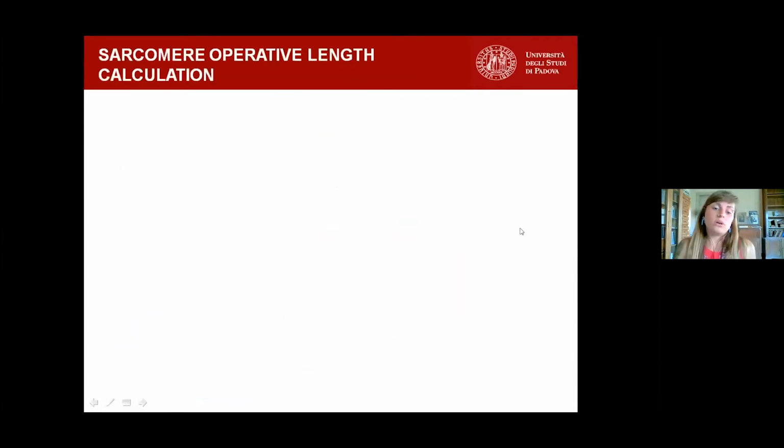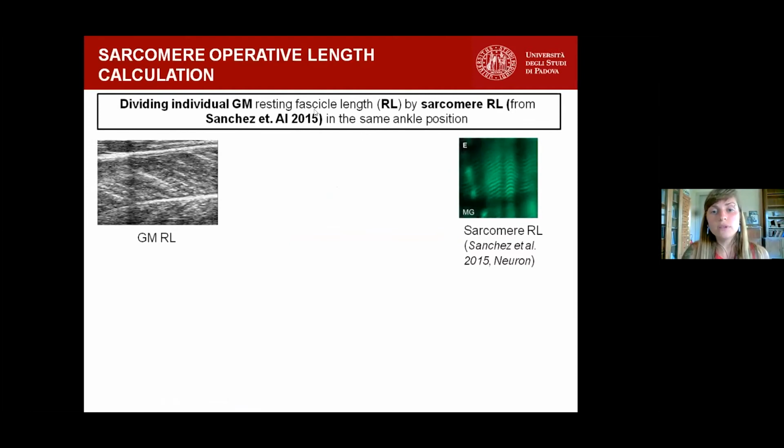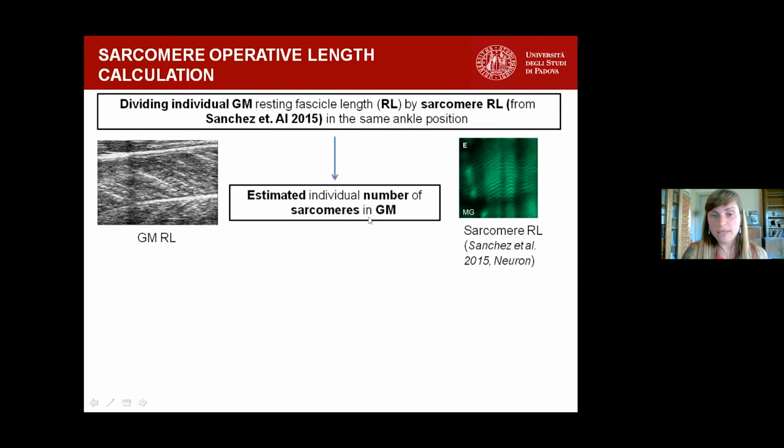In order to have an average estimation of sarcomere operative length, we took the gastrocnemius medialis resting fascicle length measured at rest, bipedally standing, and we divided this length by the sarcomere resting length measured by Sanchez and colleagues in vivo in the same ankle position. We obtained an estimation of the number of sarcomeres in each participant's gastrocnemius medialis.